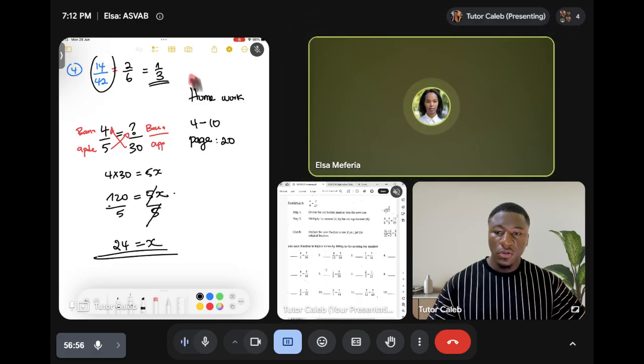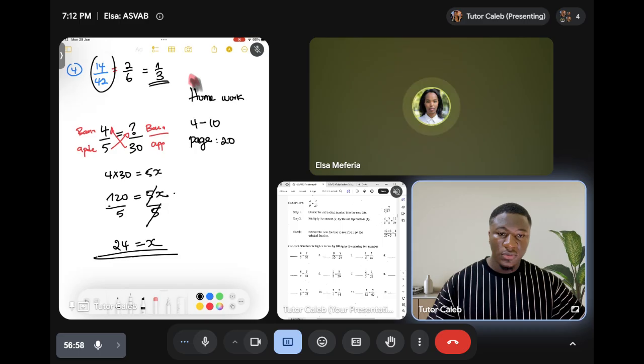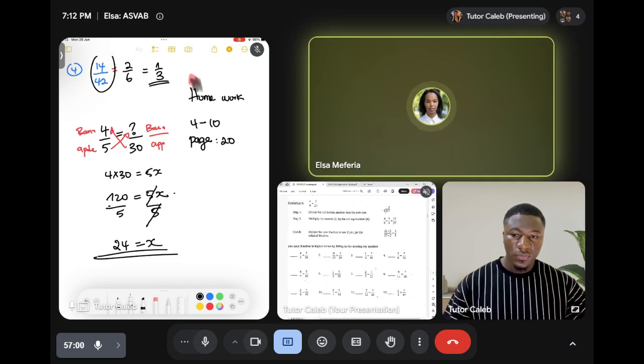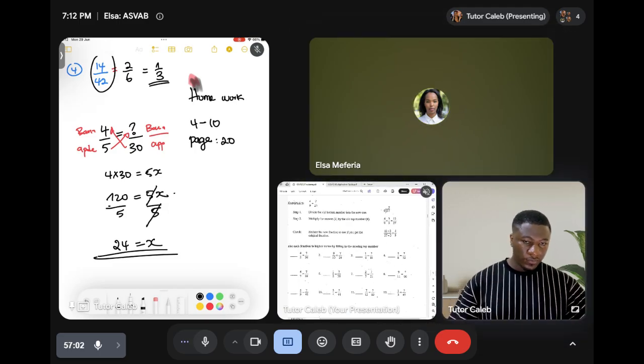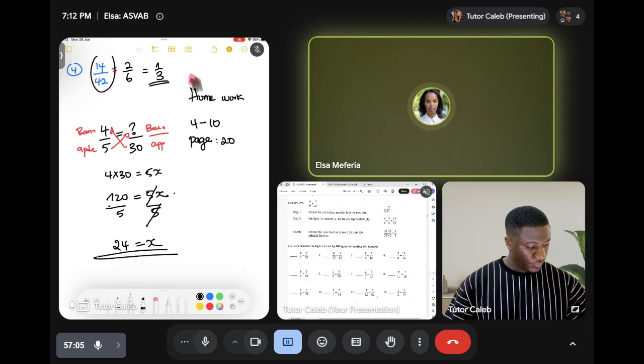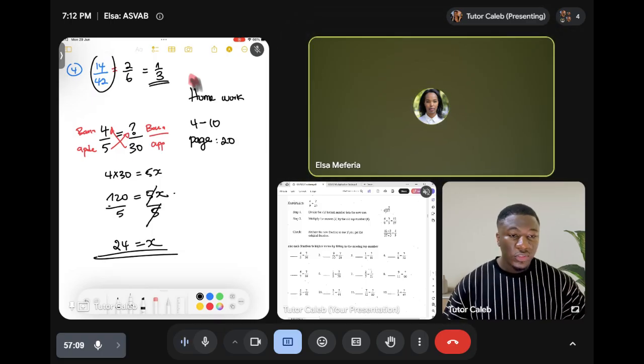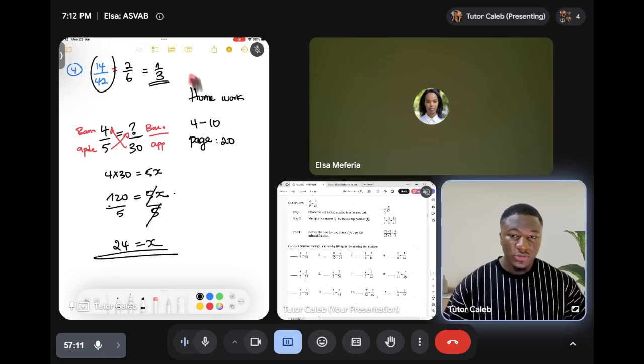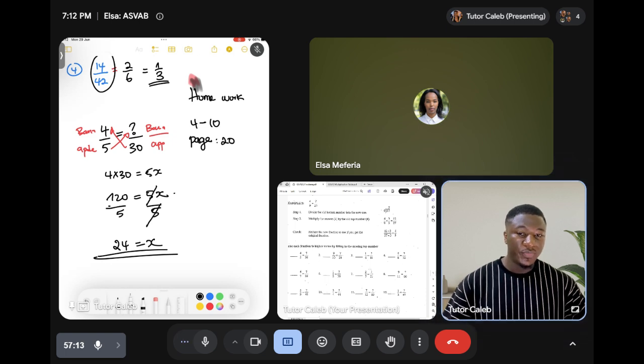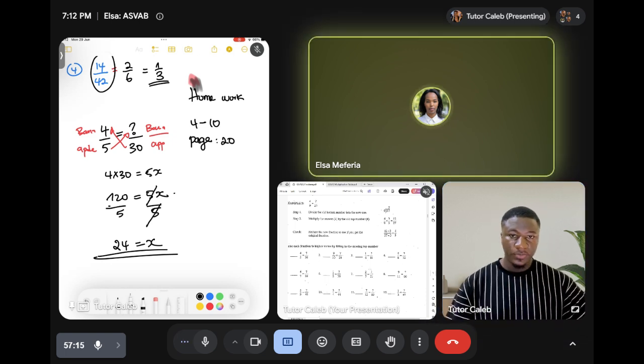Can you move it a little bit so I can take a screenshot, just for my own? Yeah, just like that, stay there. So you're saying do number 2, 3, 4, 5. What else? 4 to 10.